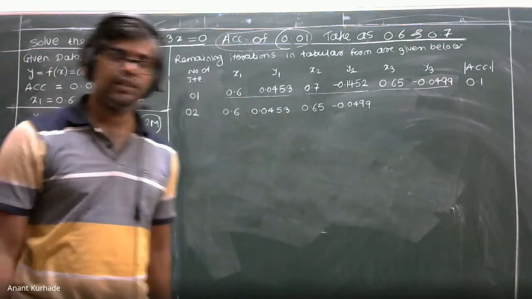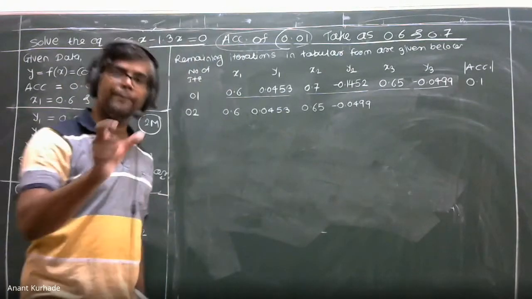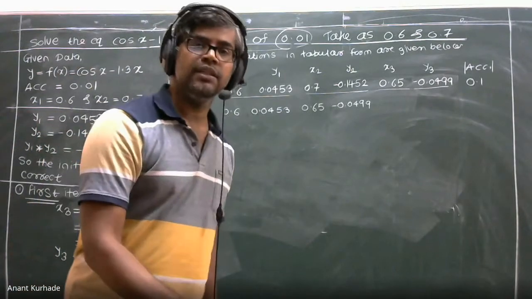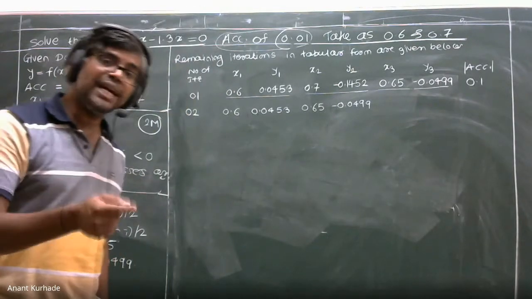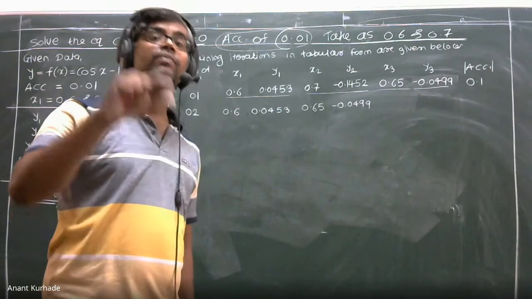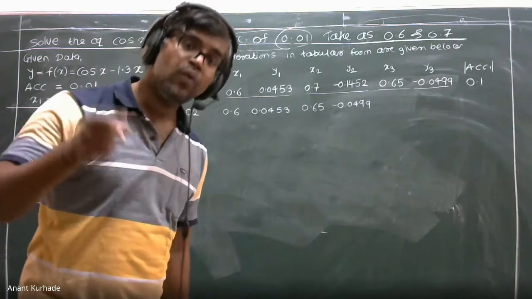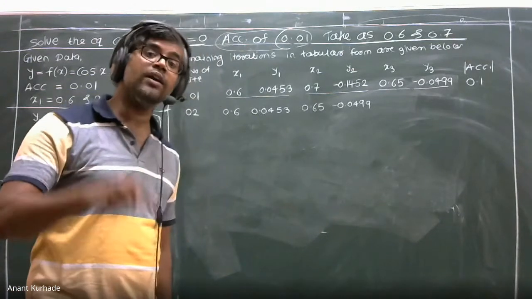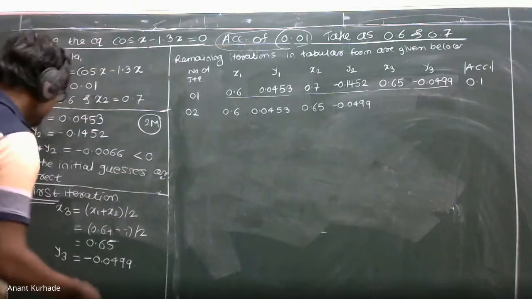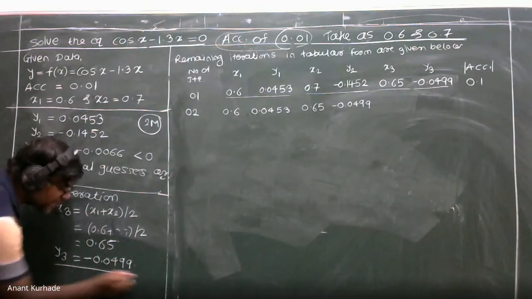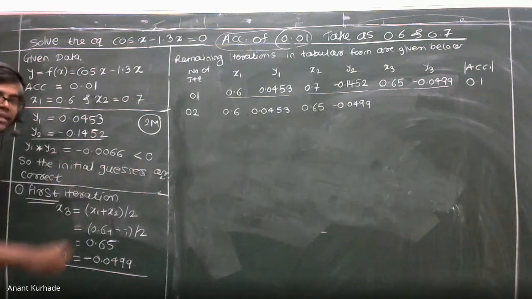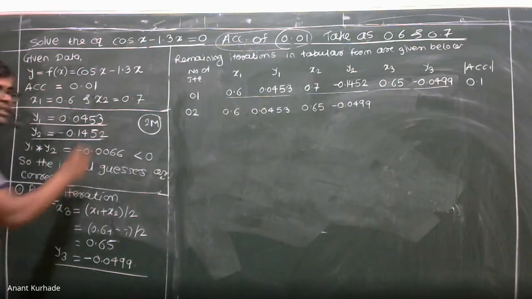So let's try to understand the shifting of plus pair to plus and minus pair to minus. This is nothing but we are checking the convergence condition of y3 with y1 or convergence condition of y3 with y2. See, here sign of y3 is minus, sign of y2 is minus, and sign of y1 is plus.